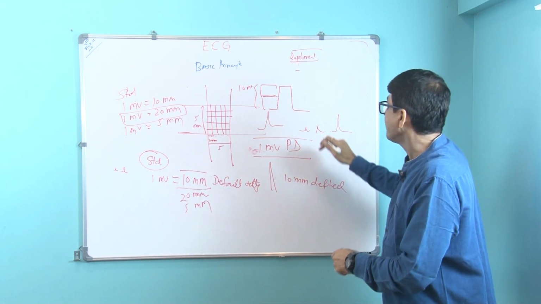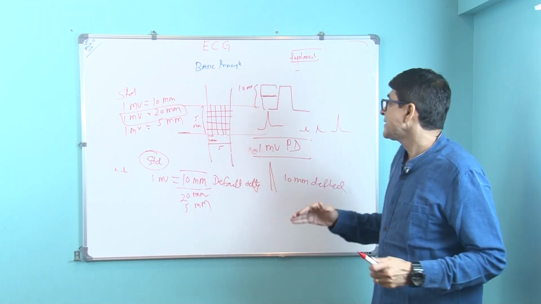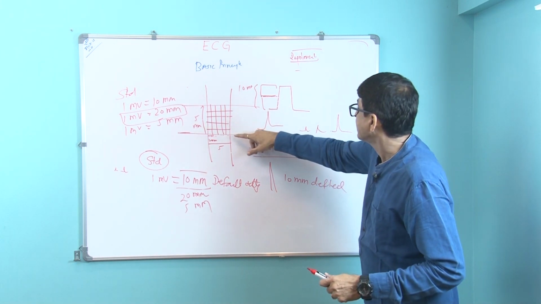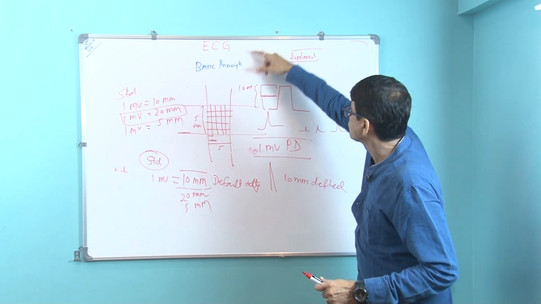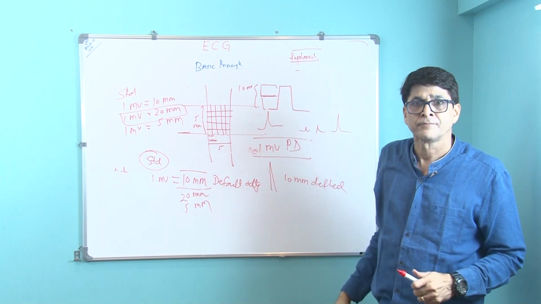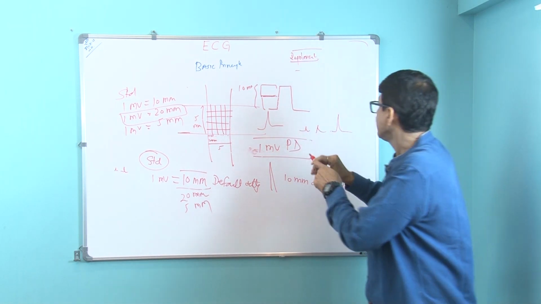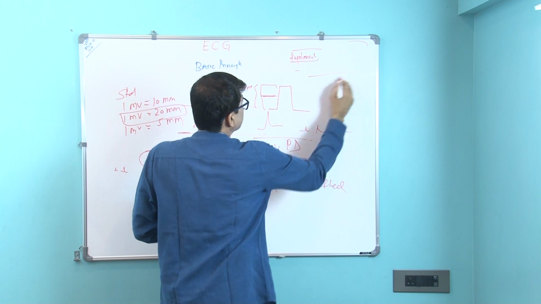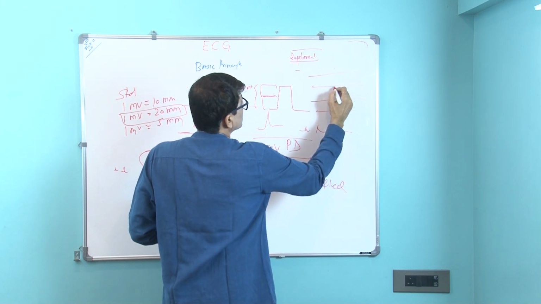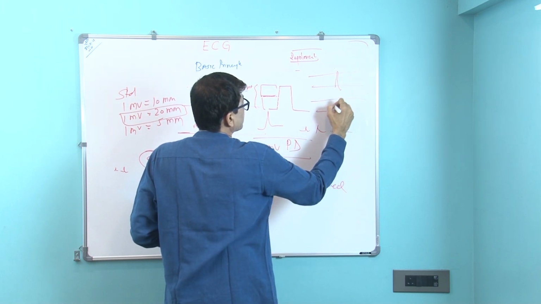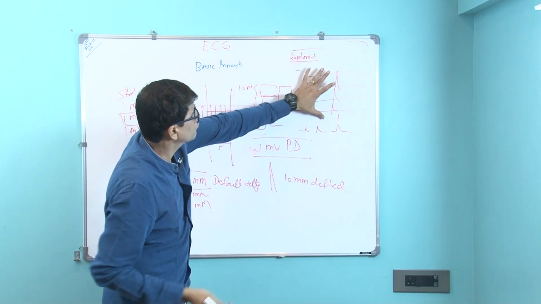Or sometimes the patient has such big waves that the waves move out of the paper. Suppose there are 3 leads going on, and they mix with each other.